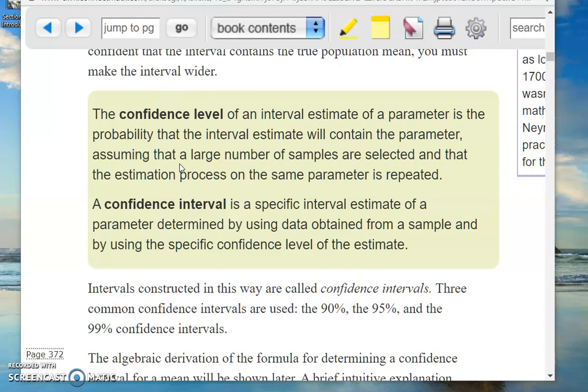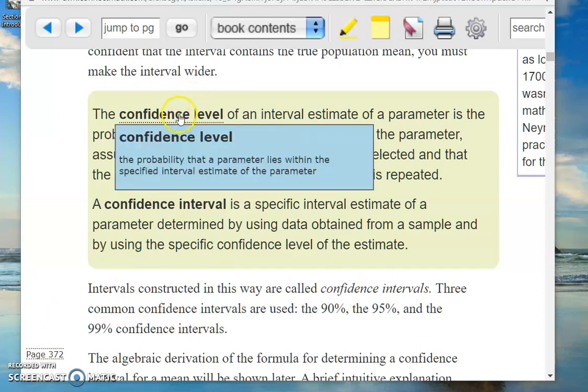So what he's saying is, listen, if you did this experiment, if you took 100 kids out of Riverside Community College District, if you took 100 of these kids over and over and over, you kept selecting 100 kids, what we would expect is that the parameter mu, the mean of the population, is going to be in that interval, okay?